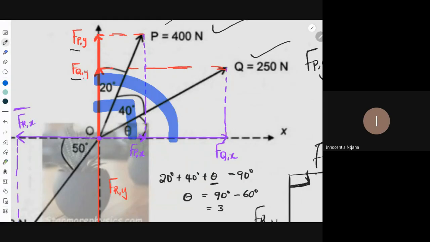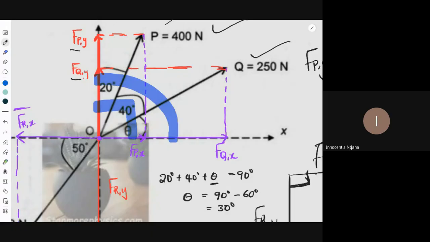Then we get 30 degrees. That's what we did, yes. Is that what you're asking? Yes, that's very correct. So I can use the value of my theta instead of using the 20 degrees. 20 is for P, but theta is for Q, so you must be careful there.